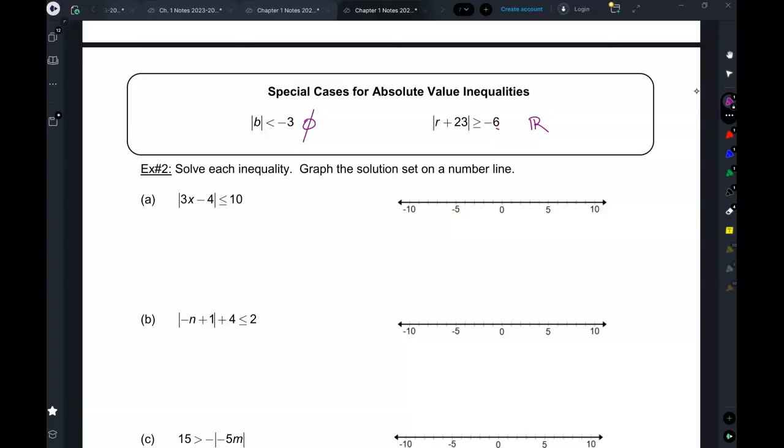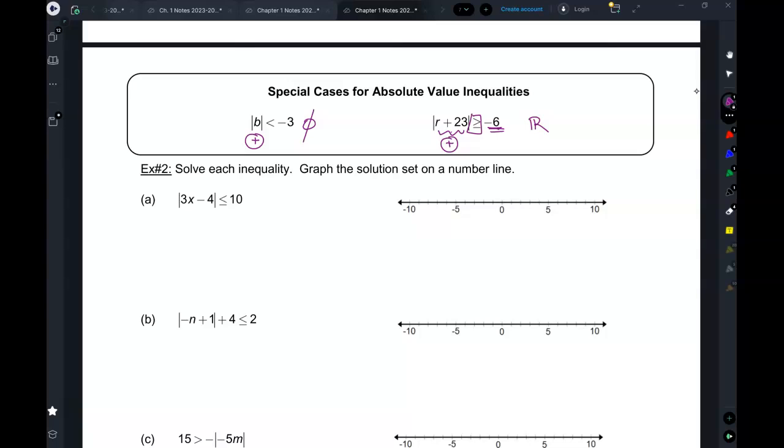Okay, so any number that comes out of the absolute value is going to be positive, and that means it's always going to be greater than any negative number. So that's going to be all real numbers. Any number you put in for x will work. And here, any number that comes out will be positive. It can never be less than a negative number, so that's no solution.